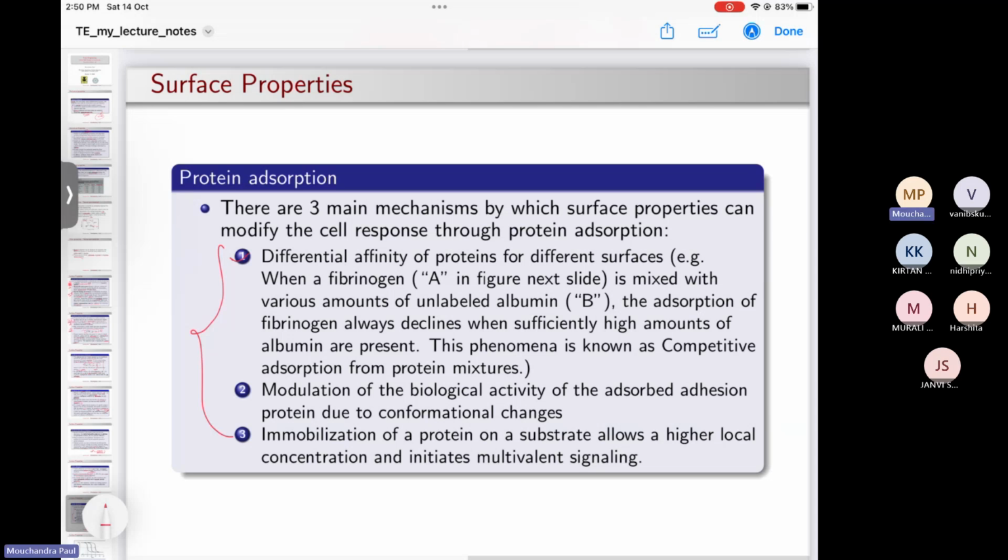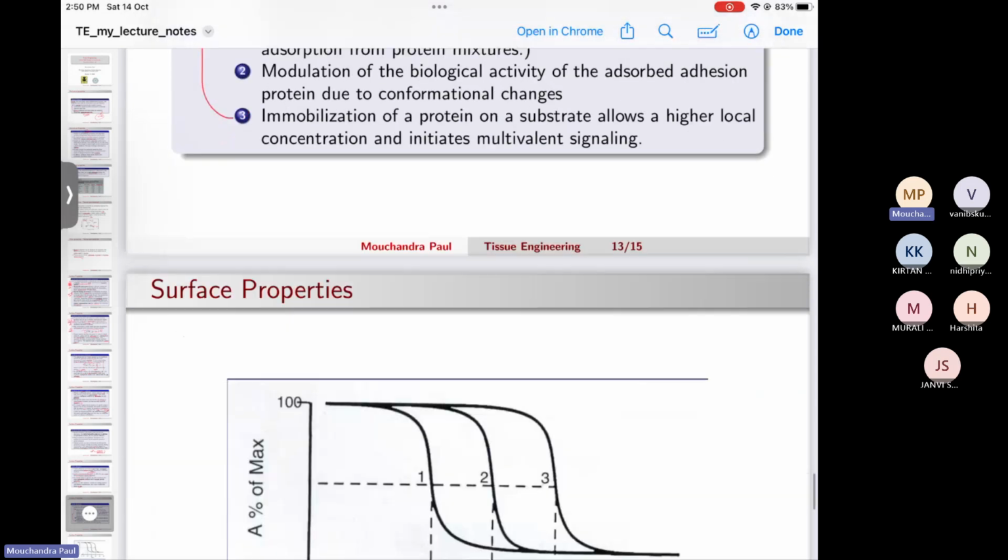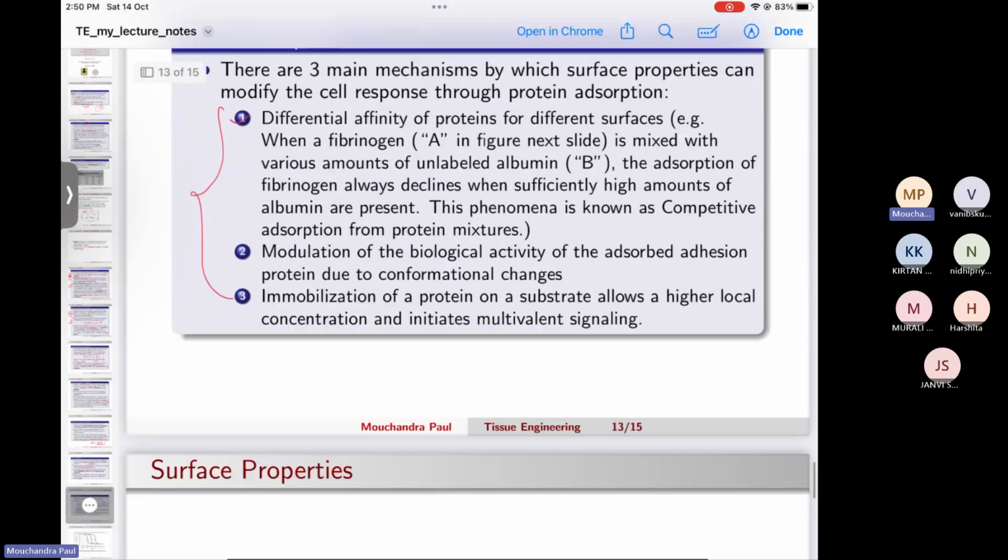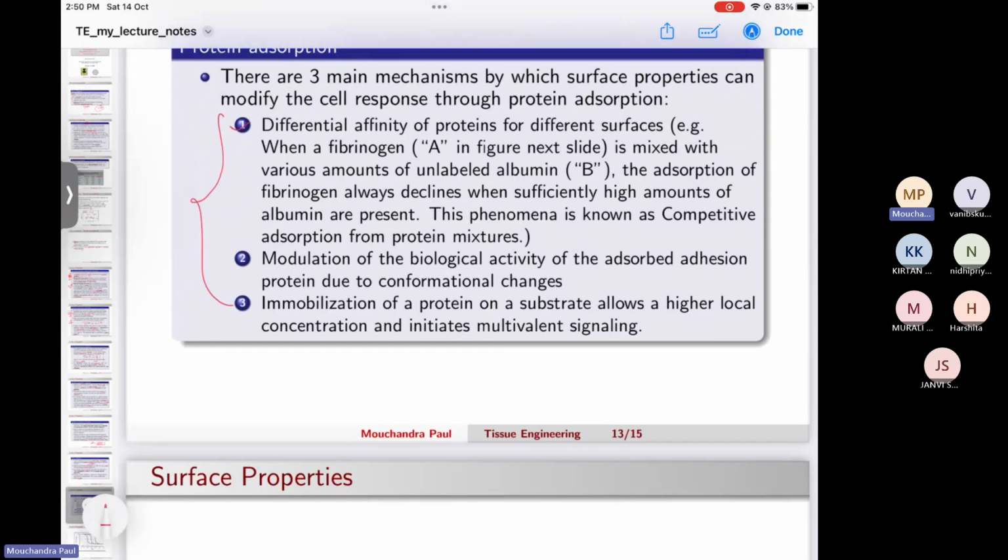One example I have given in this particular diagram. Let's say there is a protein labeled as A, and it is mixed with various amounts of B. Okay, A is fibrinogen, and B is another protein, albumin.